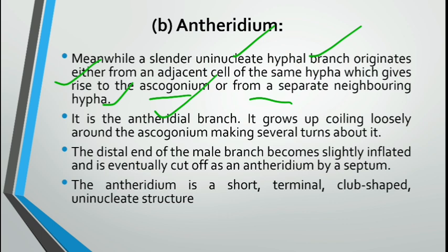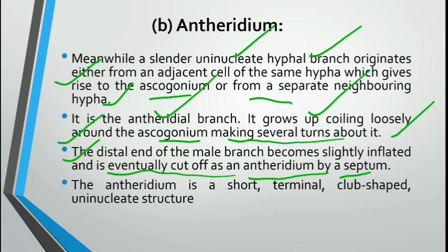The antheridium is borne on the antheridial branch. It grows coiling loosely around ascogonium, making several turns about it. The distal end of the male branch becomes slightly inflated and eventually cuts off as an antheridium by a septum. The antheridium is a short, terminal, club-shaped and uninucleate structure.